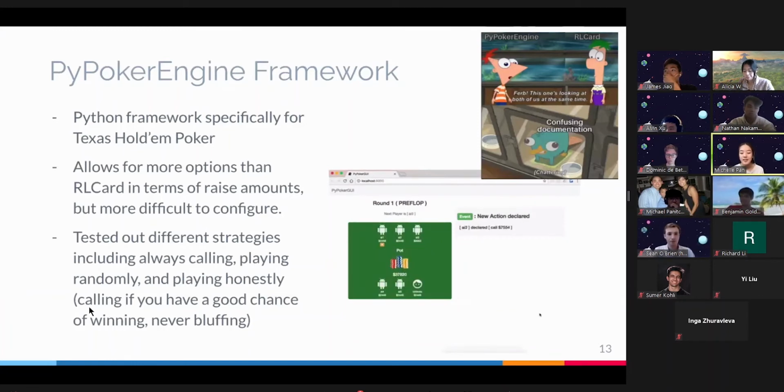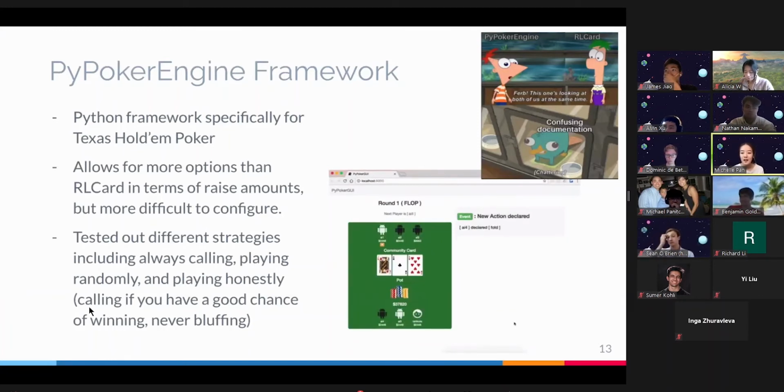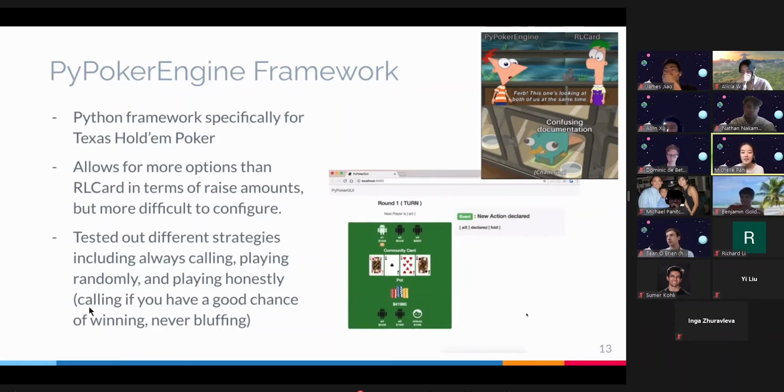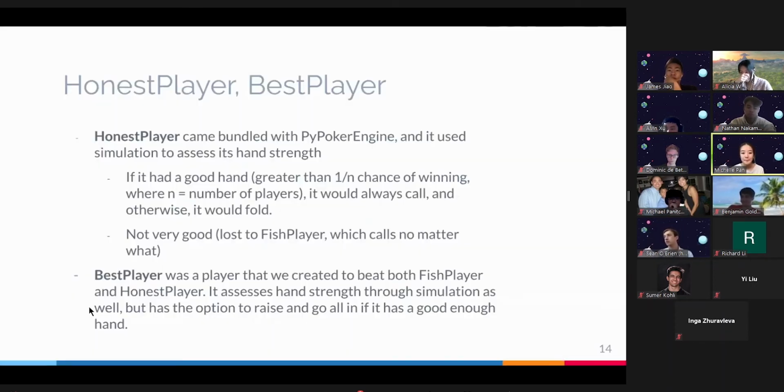But we did test out some different strategies by creating hard-coded agents. If you go to the next slide, we created an honest player and a best player as experiments in the beginning of our project. The honest player came bundled with PyPoker Engine, and it simulated games to assess its hand strength.